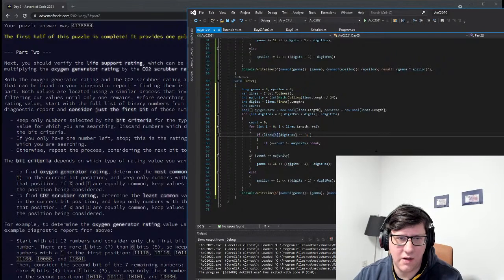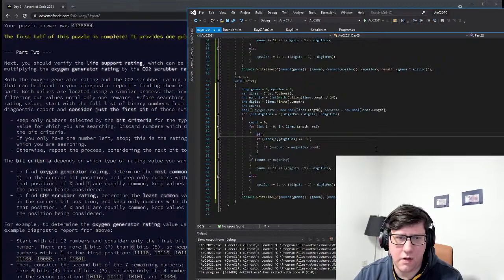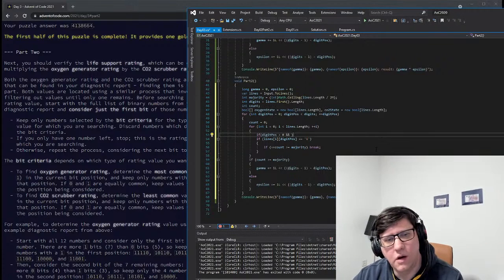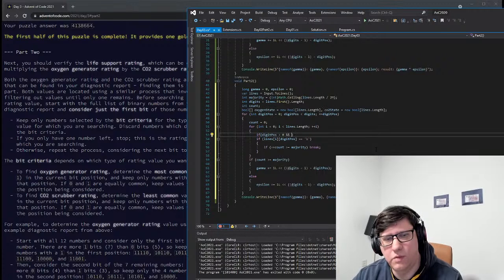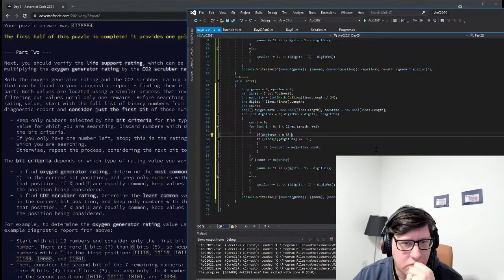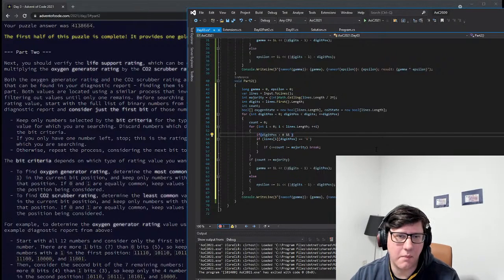So what we can do is if digit pause, if digit pause larger than 0 and, actually no, we always need to calculate. Let's see, because if none of the rows have this line, we can skip it, so we can just move on. We always need to do the count.